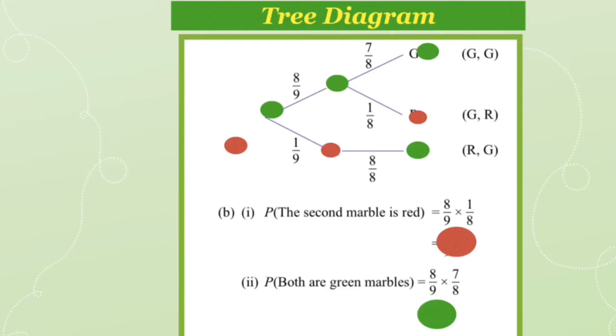So if the probability of getting green is 8/9, the probability of getting red should be 1 minus 8/9, which is 1/9. The probability of getting green for the second time is 7/8, and the probability of getting red will be 1/8.